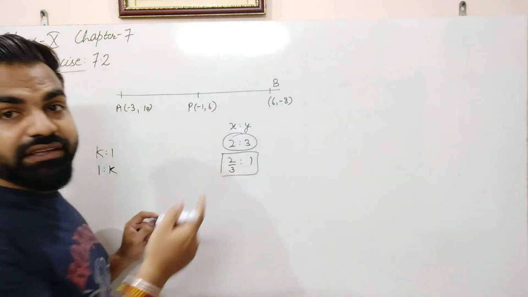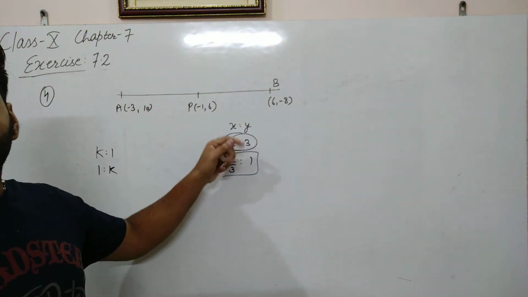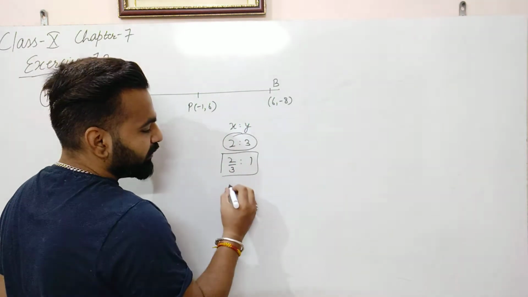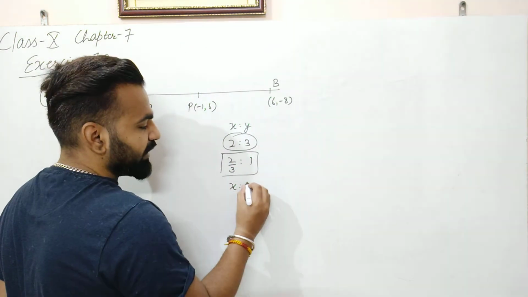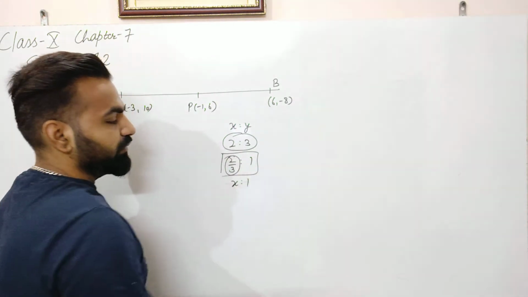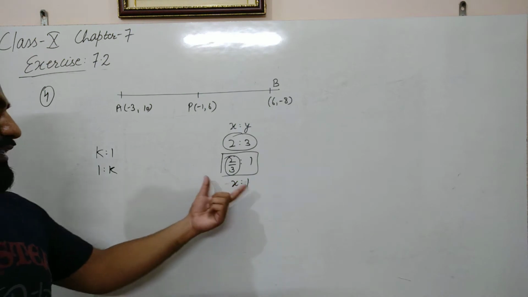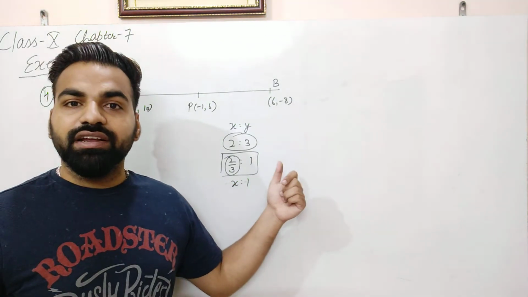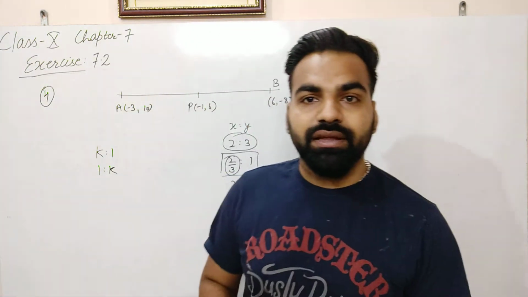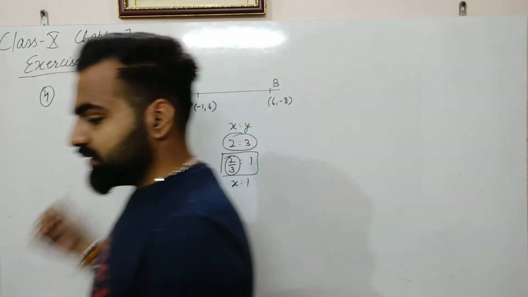But here we can suppose the ratio as x/1, a single variable, and we know that by one equation only one variable can be solved here. So this will be the easy method.